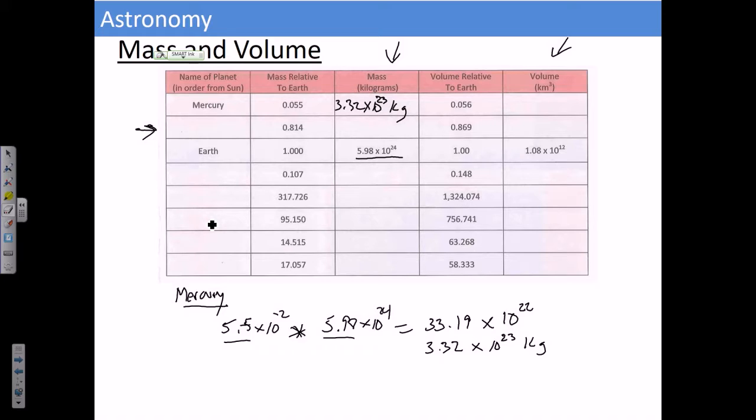So let me go ahead and erase the work I've already done for Mercury, and we'll treat the volume in a similar way.